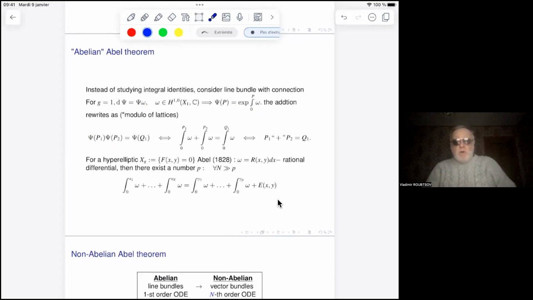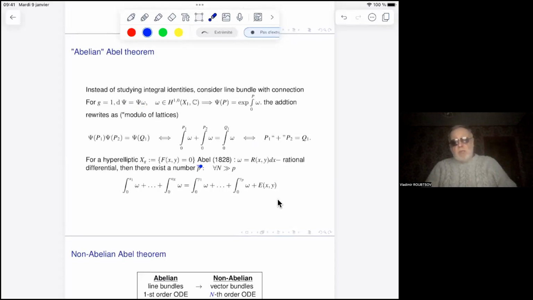So the sum of these two integrals, expressed in this integral between 0 and q1, our addition law, is the same as the multiplication of this exponential form. So psi p1 times psi p2 equals psi at the point q1. And in this form, of course, we can go further and generalize this observation.